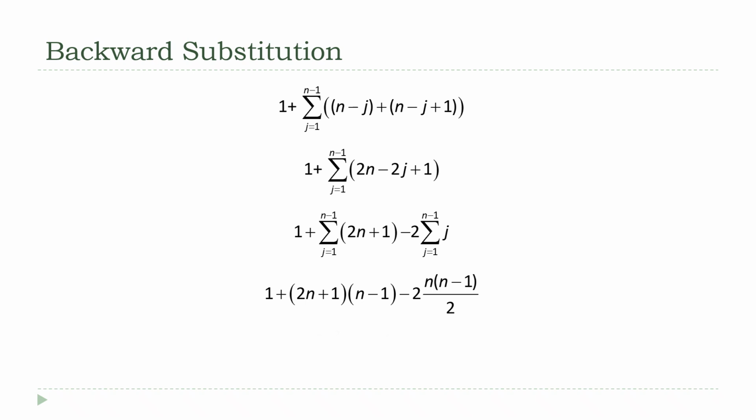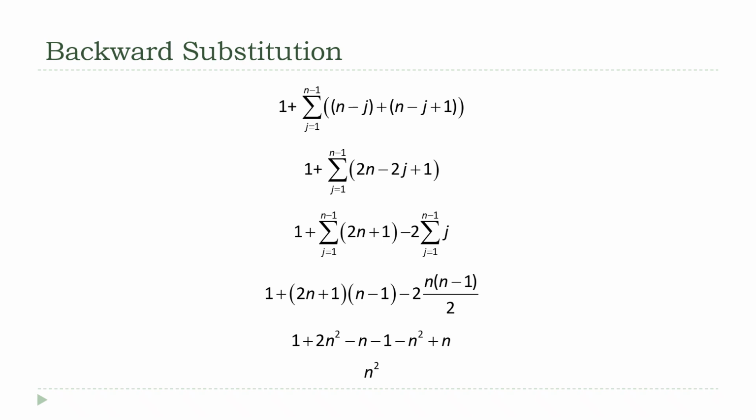Okay, now again, it's just algebra, right? If I multiply out the parentheses, cancel the 2's, multiply that part out and distribute the minus sign, it turns into this: 1 plus 2n squared minus n minus 1 minus n squared plus n. And that simplifies quite nicely down to just n squared.